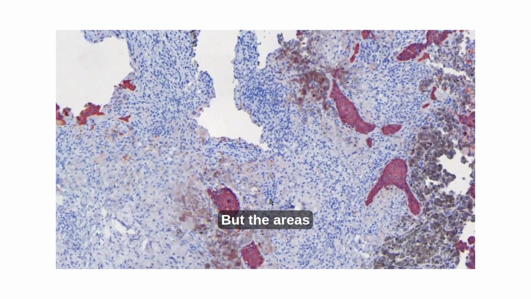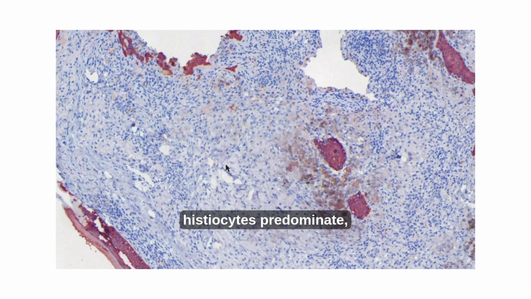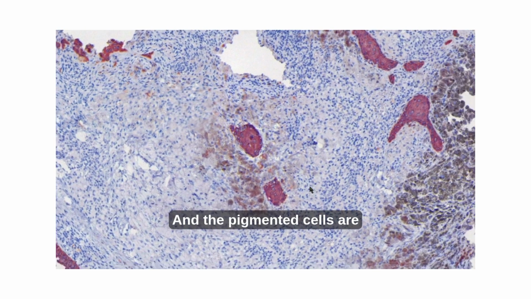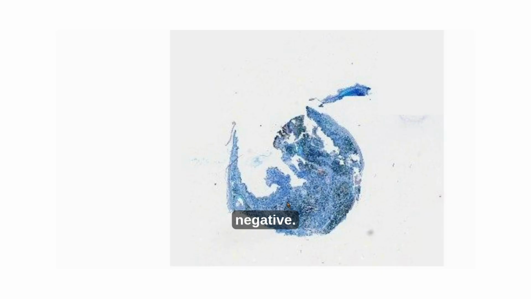But in the areas in which the foamy histiocytes predominate, there is no expression, and the pigmented cells are CK negative or pancytokeratin negative.